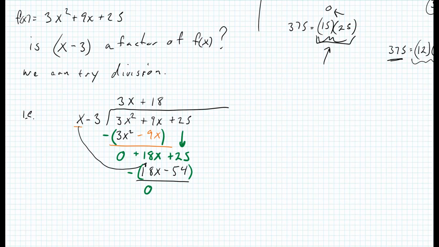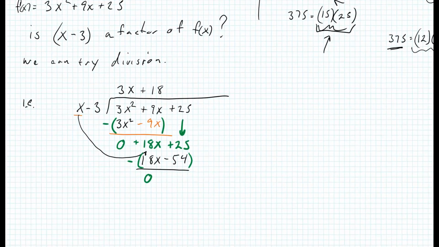And then I'll have 25 minus a minus 54, so that's plus 79. I think I added wrong somewhere, but that's all right.